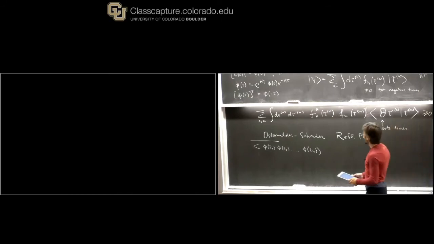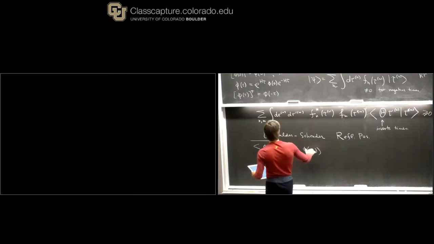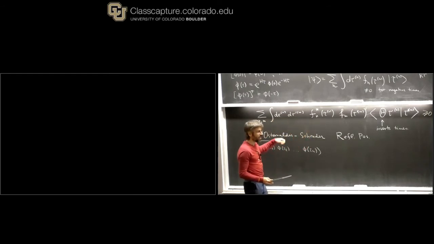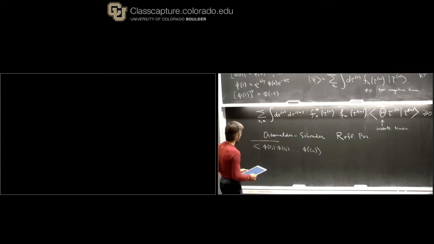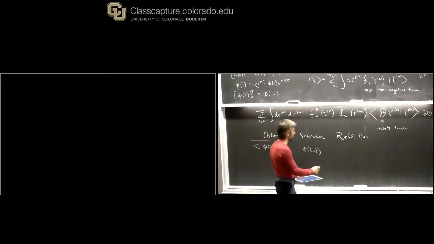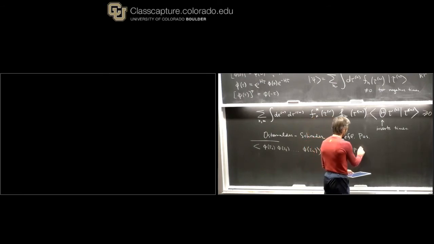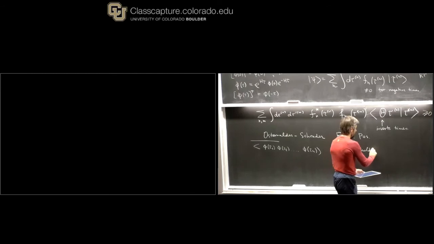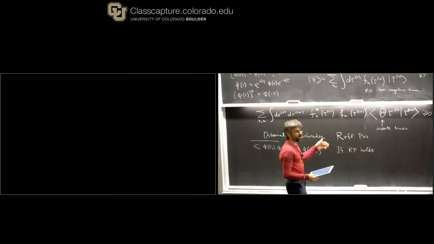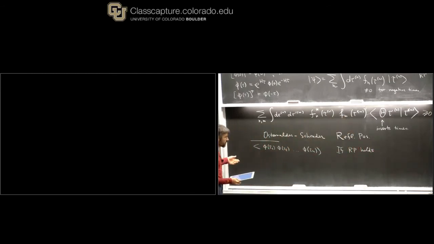So I say, if somebody hands me correlation functions such that this condition is satisfied, then I can construct a Hilbert space. And how I can construct it, this was the idea of Osterwalder-Schrader. If I have these correlation functions, and if RP holds, then I can invert the logic and construct my Hilbert space.